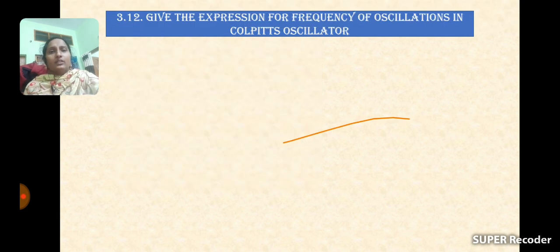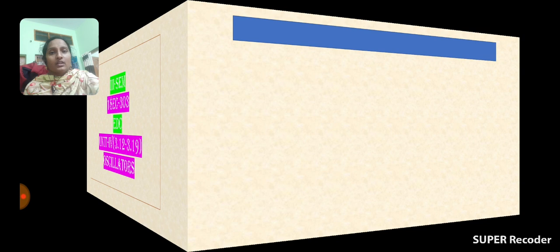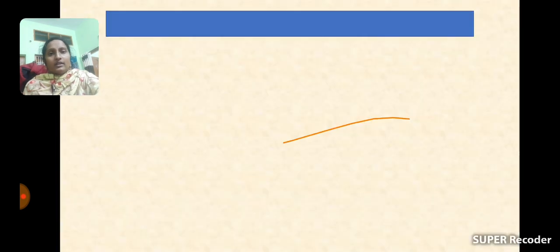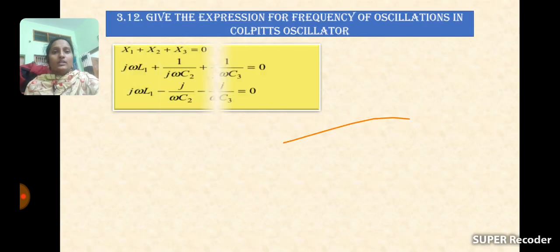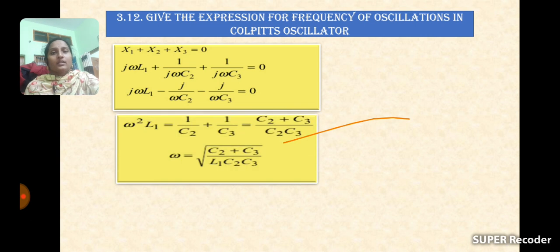So these are the different topics we discussed in our last class. Now we are going to discuss the mathematical expression of the frequency of oscillations in the Colpitts oscillator. While coming to the equation, first we write the inductive and capacitive reactances, indicated with X1, X2, X3.